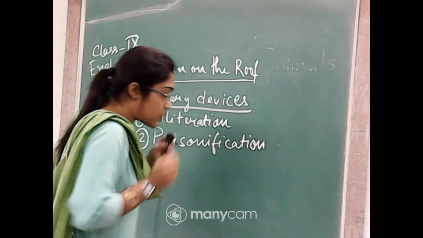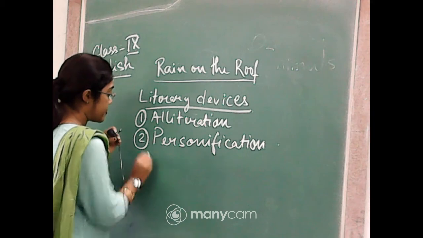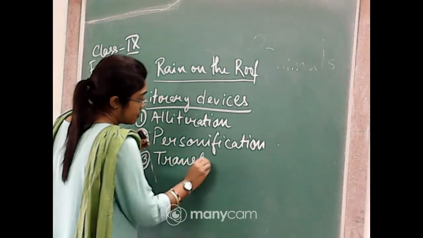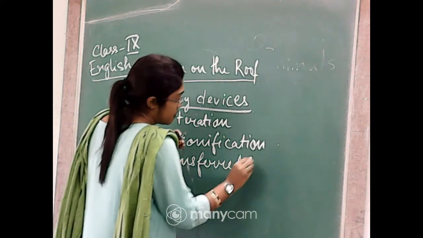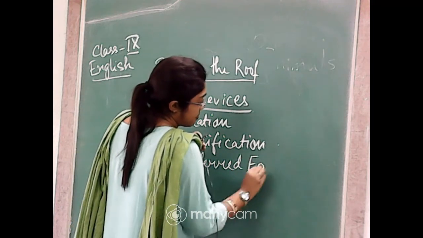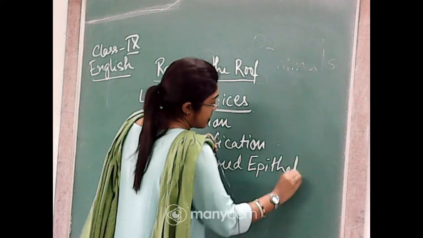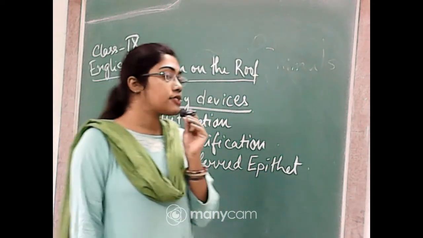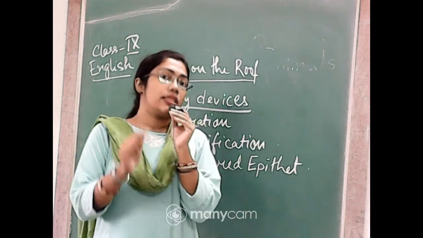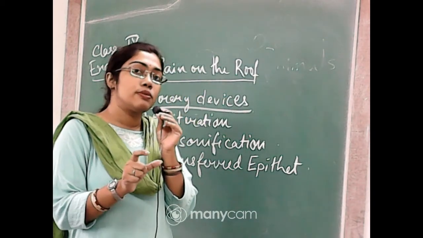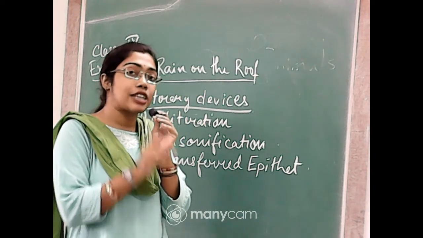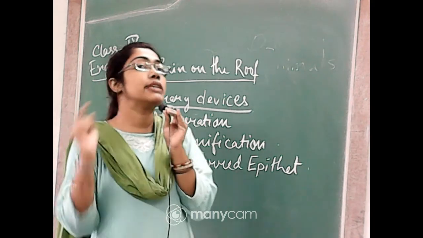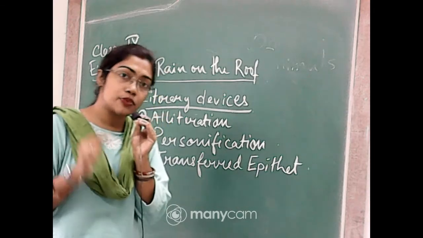Next, write down transferred epithet. Transferred epithet means the adjective which is used before the noun is actually not indicating that noun, but it is actually indicating something else. So that is a transferred epithet.